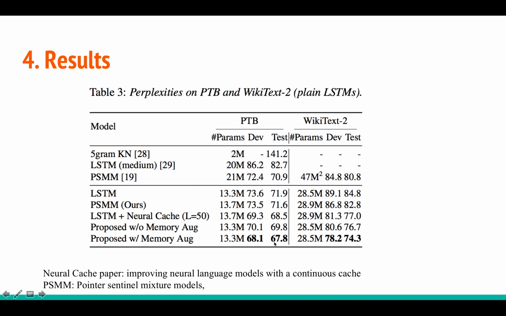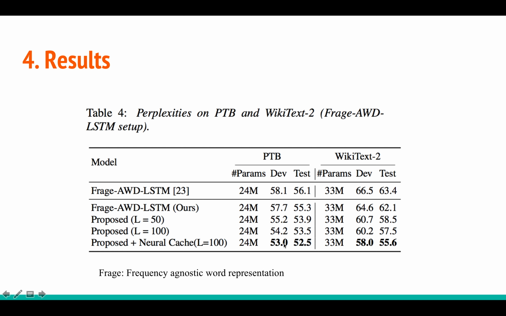As you can see, from 67 they are getting 53, which is a huge improvement. And again, they are evaluating the perplexity on Penn Treebank and Wikitext2 with different context lengths, 50, 100, and if they add neural cache along with the proposed memory augmentation approach, they get even better performance, which is a good thing.